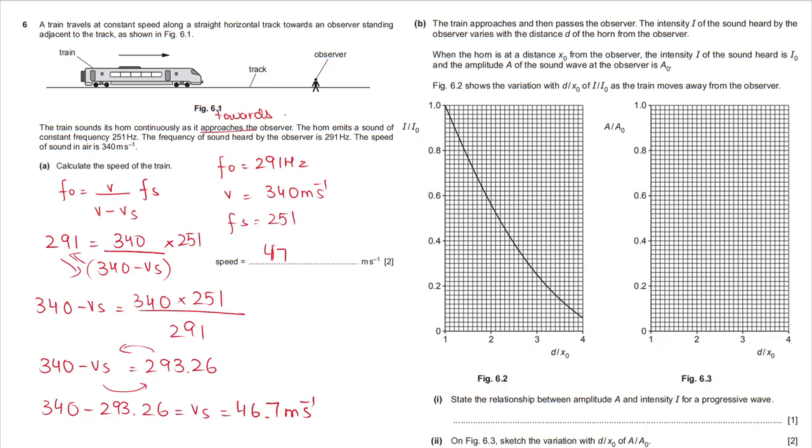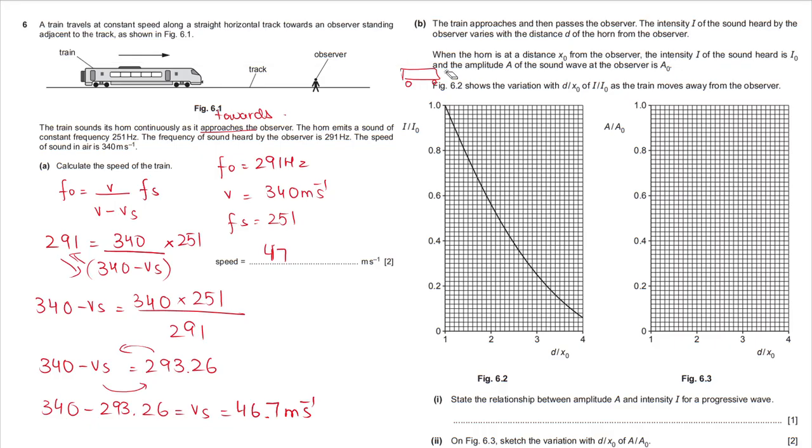Okay? So the train approaches and then passes the observer. So first the train comes close to it, and then the train passes away from the observer. Okay? So what happens then?